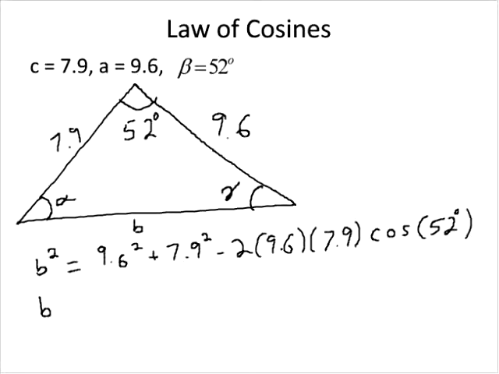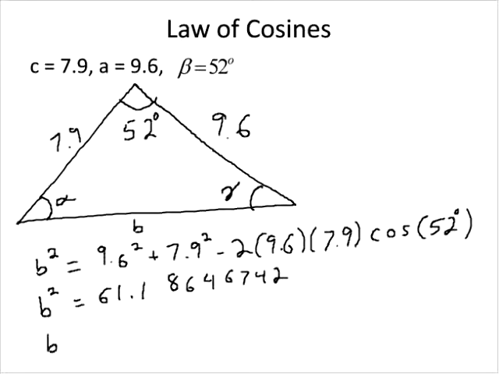Well, frankly, I'm just going to put this into my calculator. And once I put all that into my calculator, I get 61.8646742, I think, is what I have in my calculator as I'm looking at it.